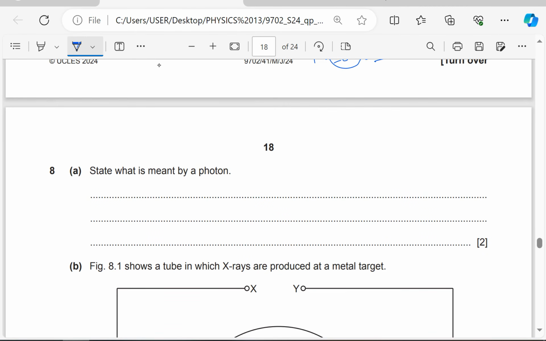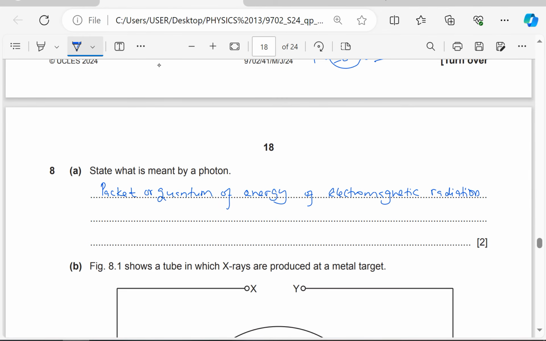So we know that a photon is a packet, or you can call it a quantum of energy of electromagnetic radiation.